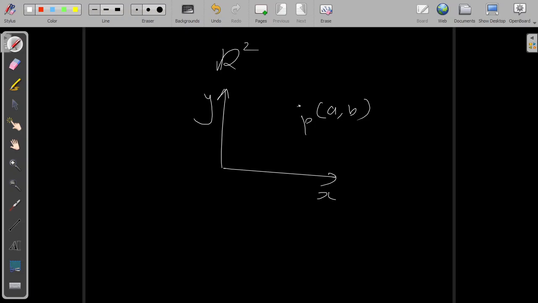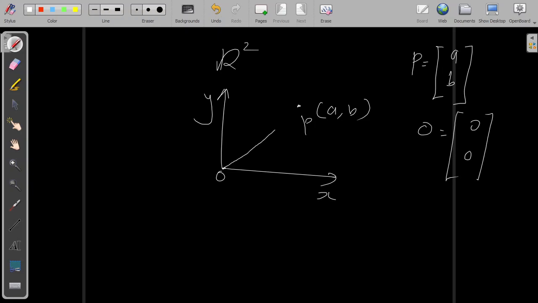This point P is a vector, right? So P is the vector (a, b). If we join this to the origin O, which is again a vector (0, 0), that means the zero vector, then joining these two vectors gives another vector, which has a length. So this is the length L of the vector P.